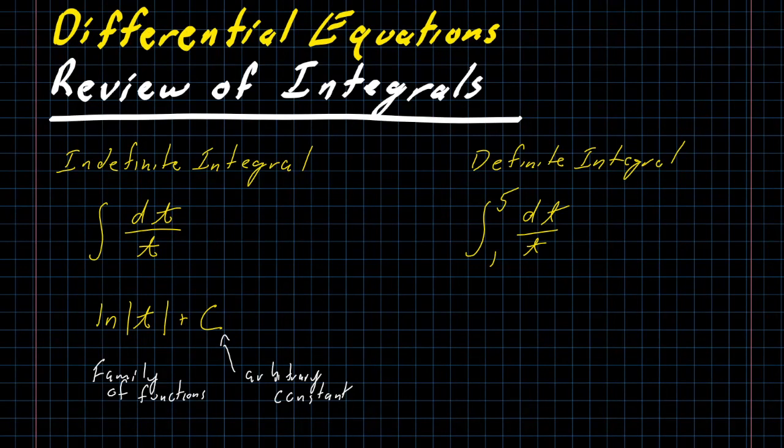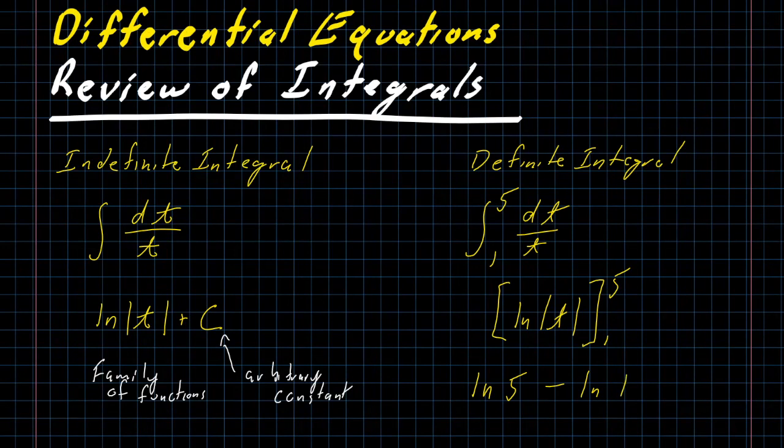What kind of thing do you take the derivative of so that it spits out dt over t? And we realize that the natural log of the absolute value of t is just the thing. And then we evaluate that antiderivative at the endpoints. So we end up with the natural log of 5 minus the natural log of 1.